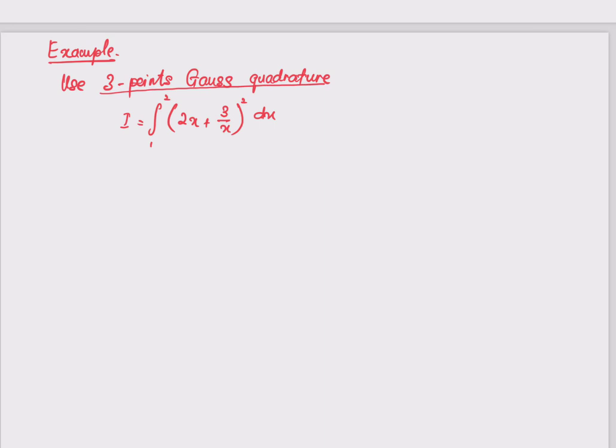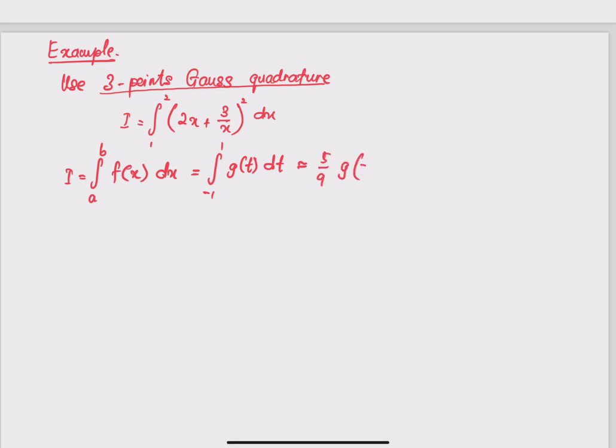And if you look at the formula of 3-point Gauss quadrature, I is equal to the integral from a to b of f(x) dx, which also is equal to the integral from -1 to 1 of g(t) with respect to t, approximately 5 upon 9 g(-√(3/5)) plus 8 over 9 g(0) plus 5 over 9 g(√(3/5)).